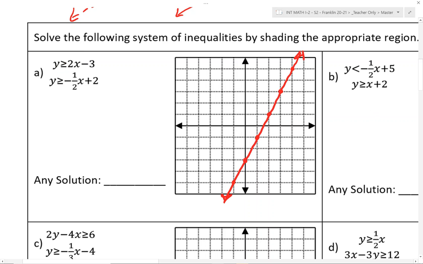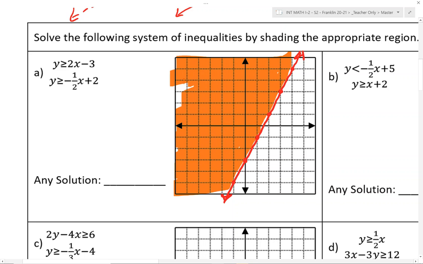Now this symbol says greater than, so we would shade up above this red line. So just to illustrate that, I'm going to highlight this area. I guess the highlighter here is orange, but you get the idea.